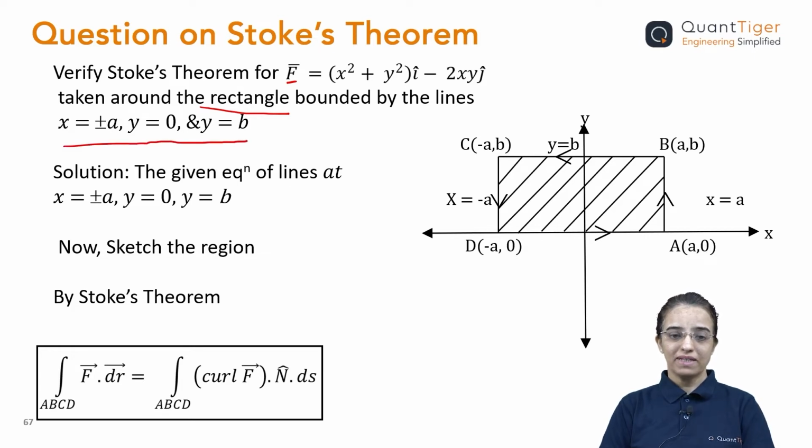So this is nothing but the surface which has been given to you. By looking at this, the rectangle is nothing but a rectangular surface, and they have given the equations of its sides.